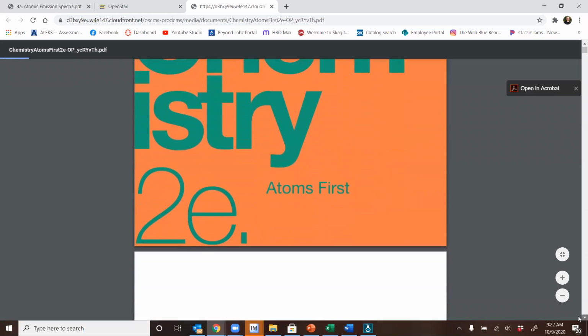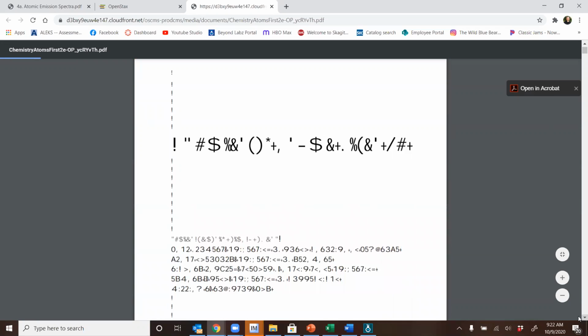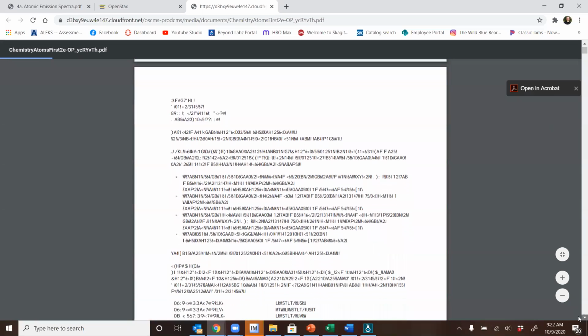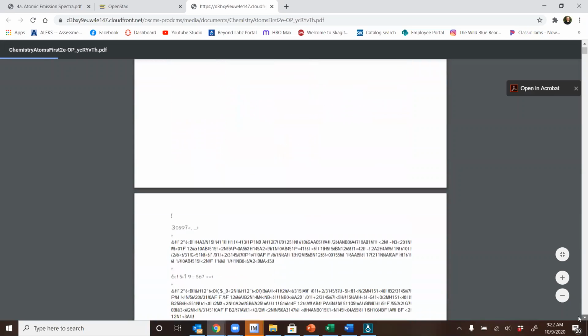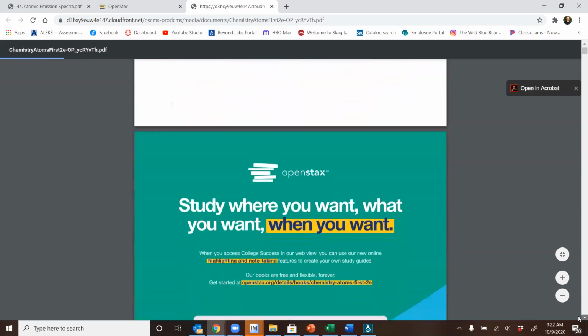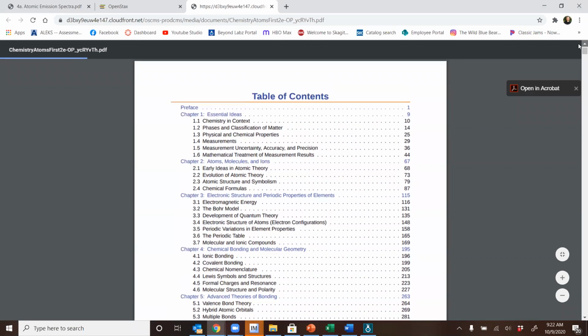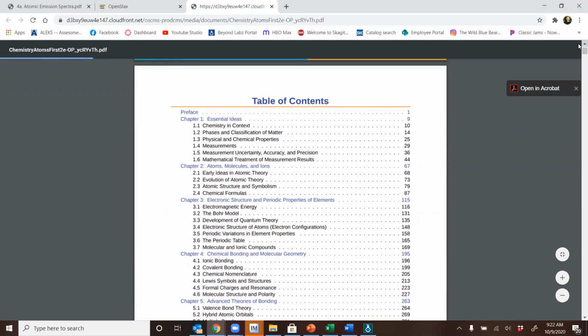And if we look at chapter order in the textbook, I think the PDF isn't done loading yet, so it's going a little crazy. If we look at the table of contents, yeah, very, very similar content.